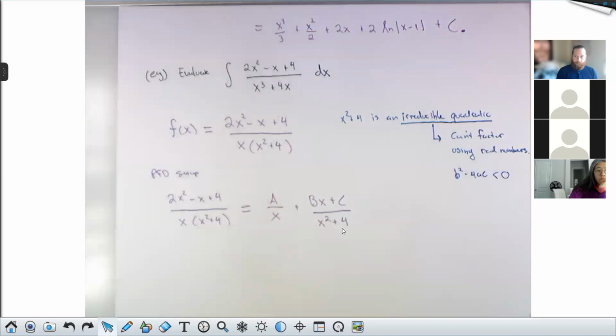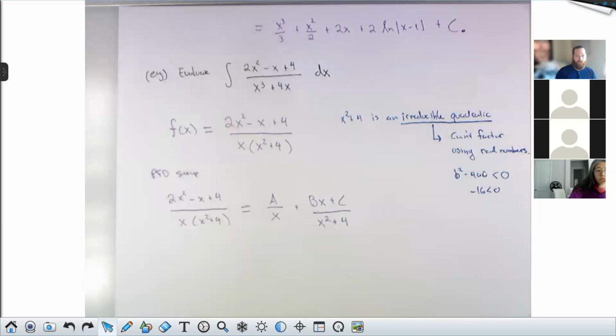With a quadratic, you just check the discriminant. If b squared minus 4ac is less than 0, then that quadratic doesn't have any real roots, which would imply that it is irreducible. Here, a is 1, b is 0, c is 4, so 0 squared minus 4 times 1 times 4 is negative 16.